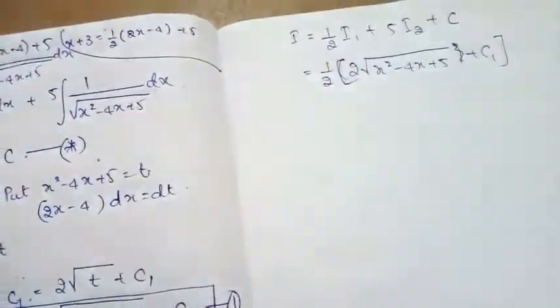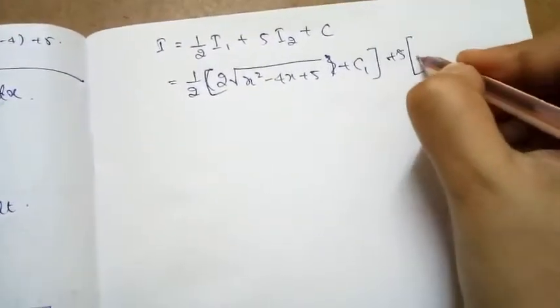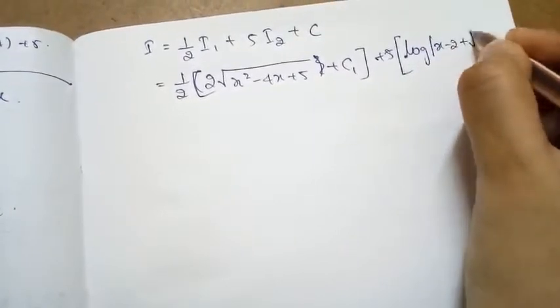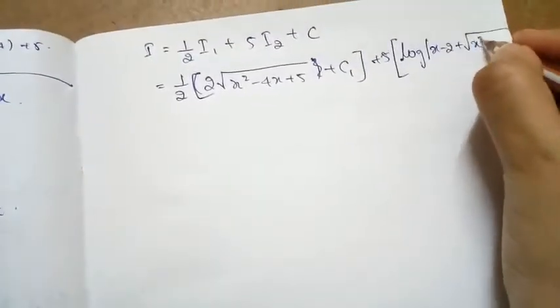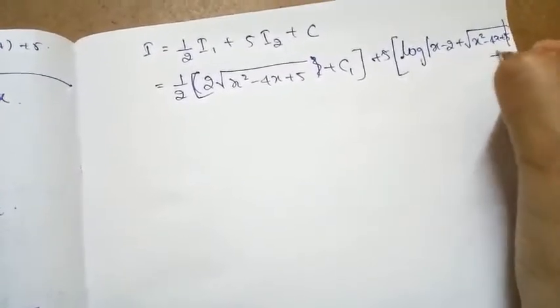This was our I1, plus what was our I2? 5 times log of mod x minus 2 plus square root of x square minus 4x plus 5 plus C2.